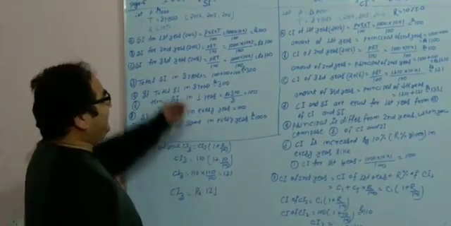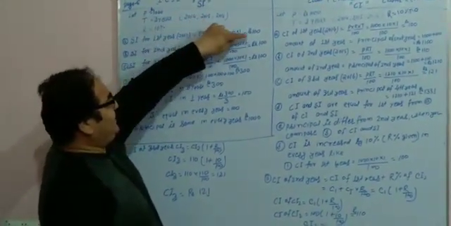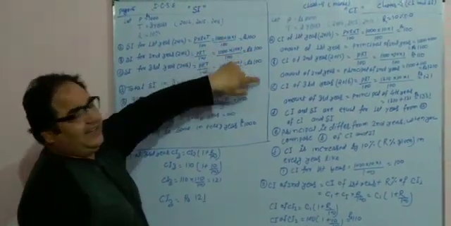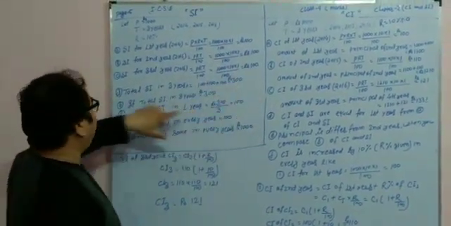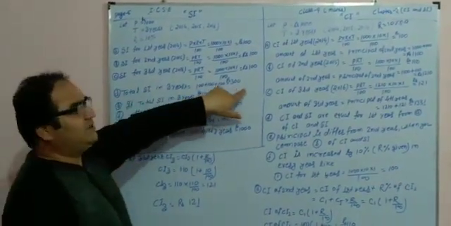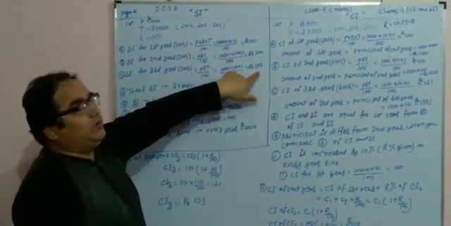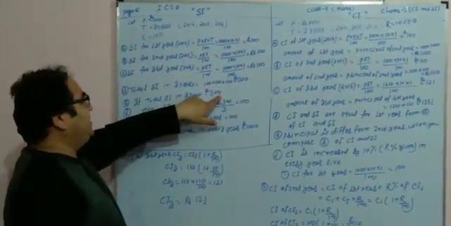So in case of simple interest, the interest is the same for each and every year. That's why the total simple interest in 3 years is equal to 100 plus 100 plus 100, so total it is equal to 300.